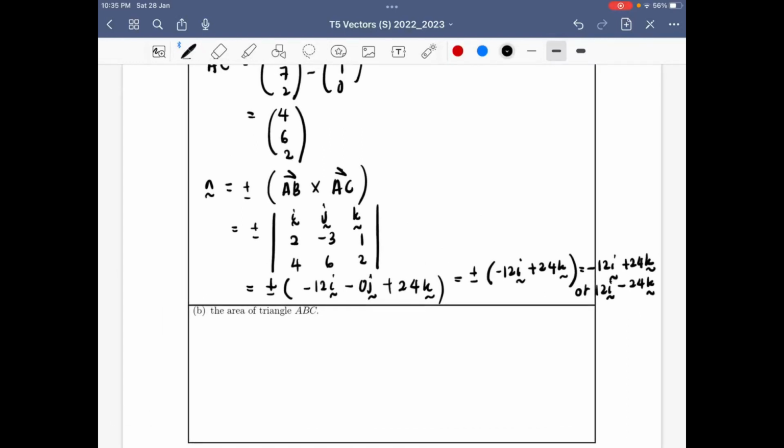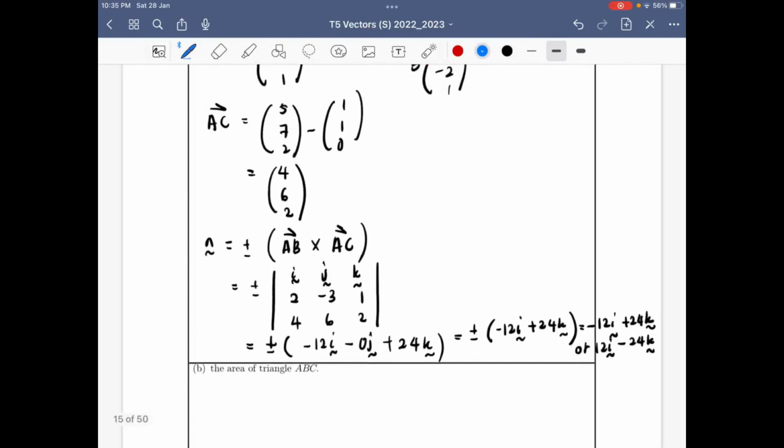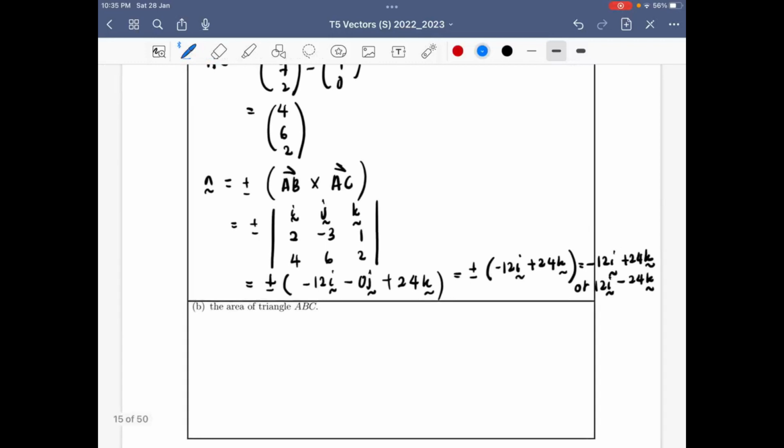Now we go to the area of triangle ABC. Area of triangle is half of the area of parallelogram. It's simple. We already found AB cross AC, which is equal to negative 12i plus 24k.